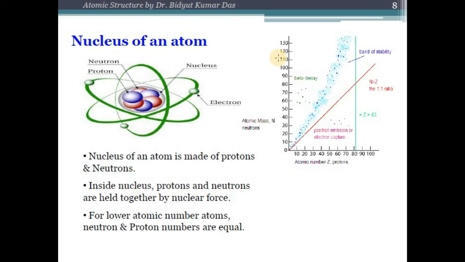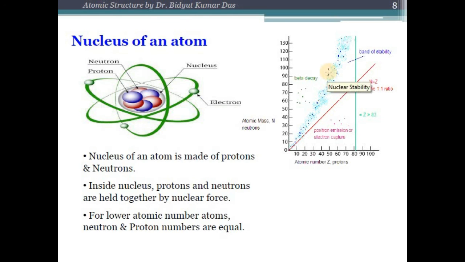From this graph you can see that as you increase the atomic number, in order to minimize the Coulomb repulsion between the protons, the number of neutrons also increases, and this increase of neutrons inside a nucleus is basically due to the stability of the atoms.